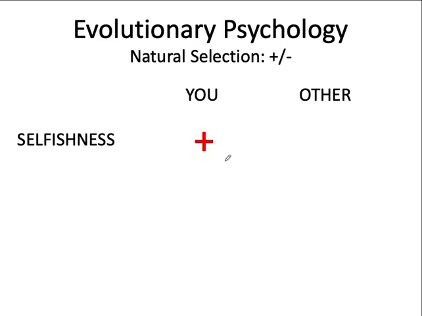So, okay, we can think about costs and benefits of certain behaviors in an evolutionary context, in a context of natural selection. Okay, so selfishness is a behavior that has a positive benefit for you, and a negative benefit for another individual. Cooperation has a positive benefit for you and a positive benefit for the other individual.